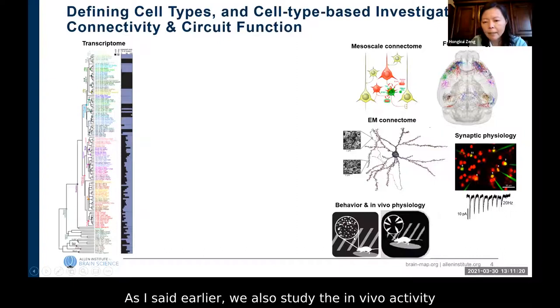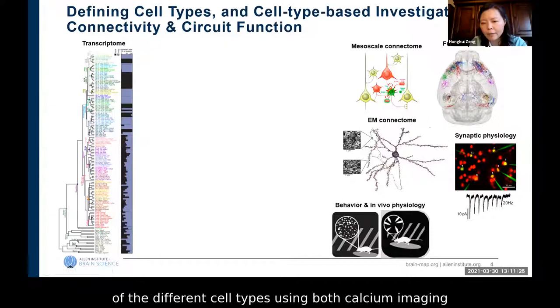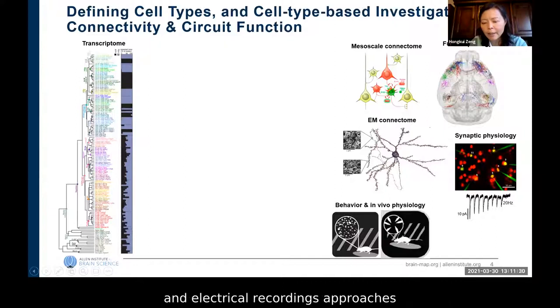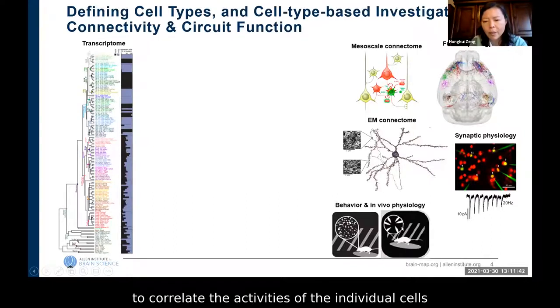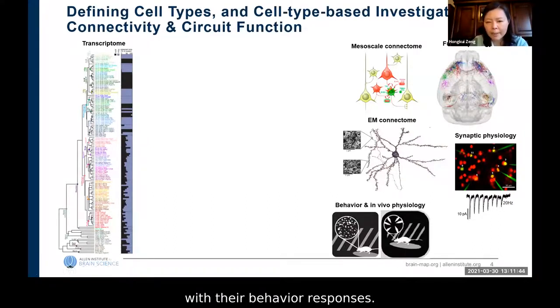As I said earlier, we also study the in vivo activity of the different cells or cell types using both calcium imaging and electrical recording approaches in awake behaving animals, and try to correlate the activities of the individual cells with their behavior responses.